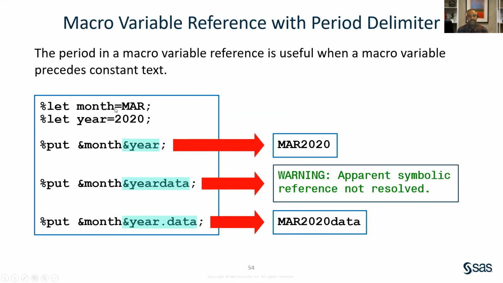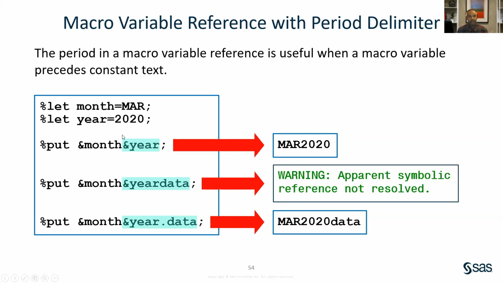Here's some examples. Let's say we create these two macro variables, month and year. When two macro variables are adjacent, right next to each other, there's typically not a problem in resolution in terms of getting a warning. Percent put ampersand month, ampersand year.